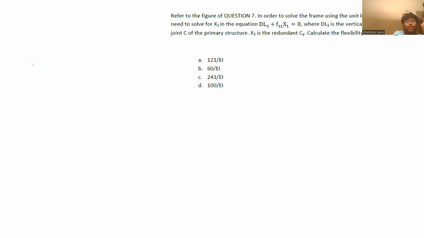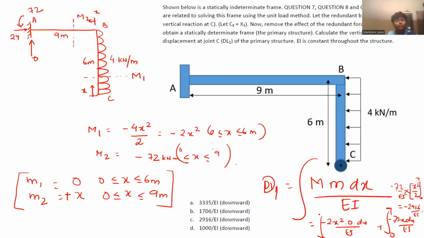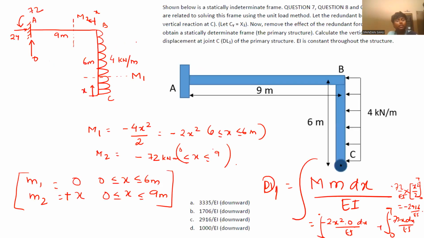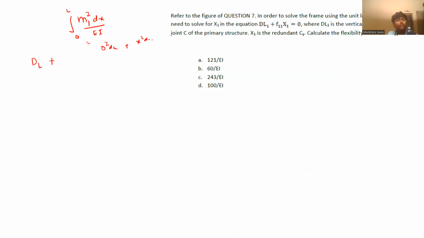Now you got delta L. For F11 directly you have to write the integral of m1 square dx by EI from 0 to L. So it is the integral of x square dx by EI from 0 to 9.